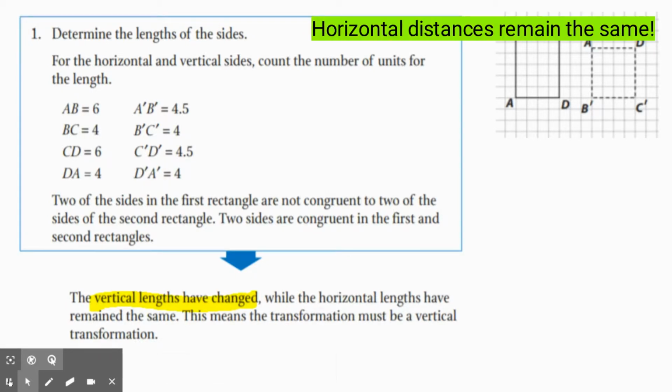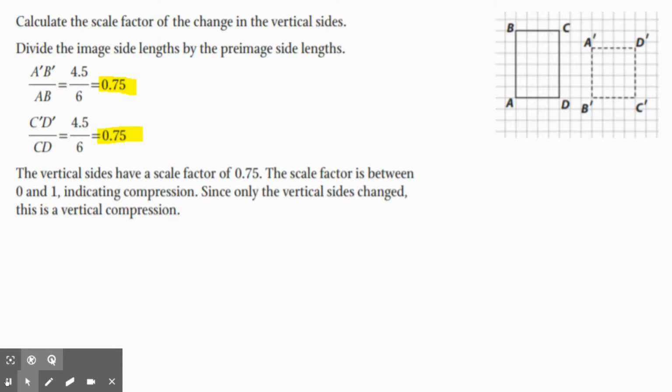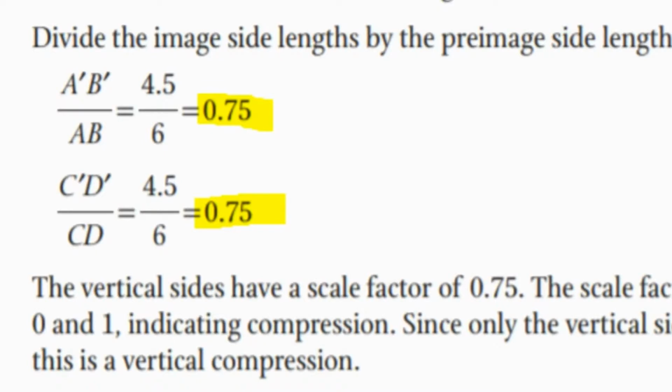Maybe you notice that only the vertical lengths have changed, so this will not be a dilation. How much did these lengths increase or decrease by? They've decreased by a factor of 0.75.